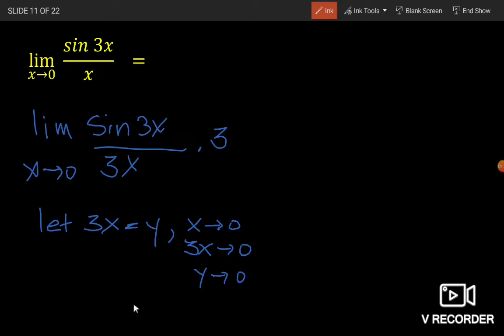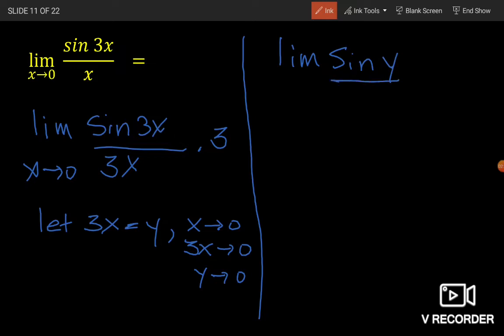Now, therefore, we can rewrite our expression substituting y for 3x. We could write it as the limit of sine y over 3x, and since 3x is equal to y, that is sine y over y, but instead of writing x approaches 0, we will write y approaches 0, since as x approaches 0, y approaches 0.